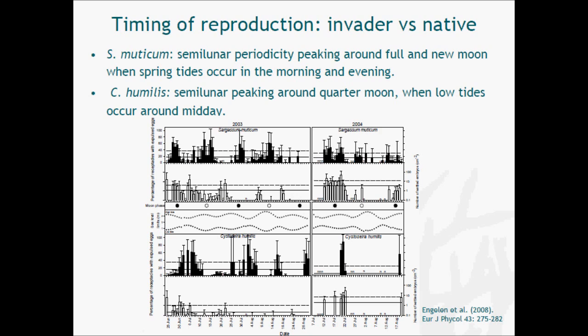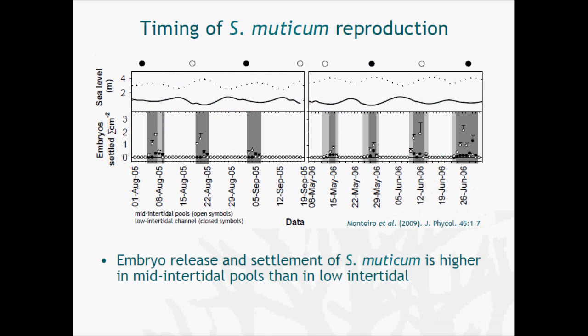Full and new moon are spring tides. And these occur in the morning and in the evening. Whereas Schistozeira humilis, curiously, peaks around the quarter moon, and these are the low tides that occur around midday. So there is a different timing of reproduction of both species. They are not competing in terms of timing.